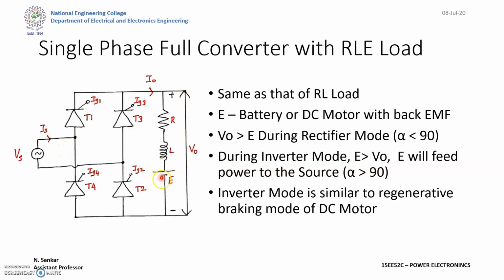The waveform for RLE load is similar to the waveform for RL load, and even the average DC output voltage is the same for both RL and RLE load. The only difference is the condition for E during the rectifier mode and inverter mode of operation.